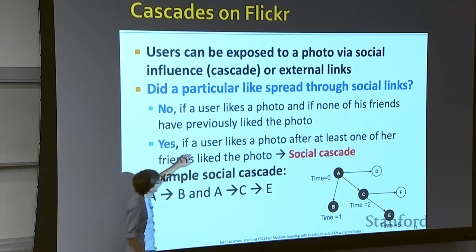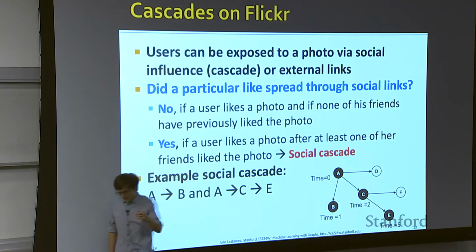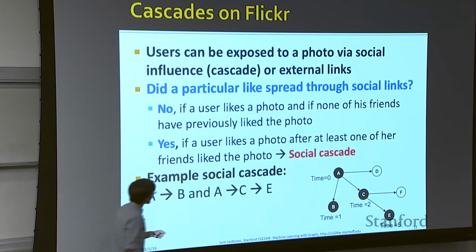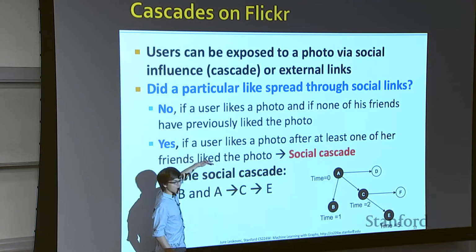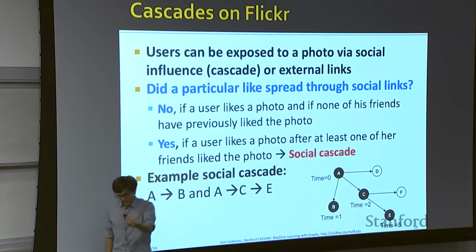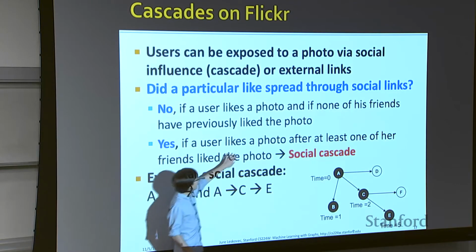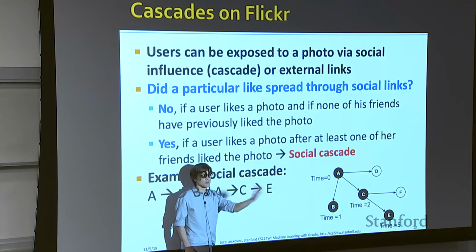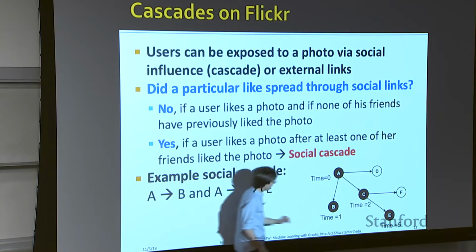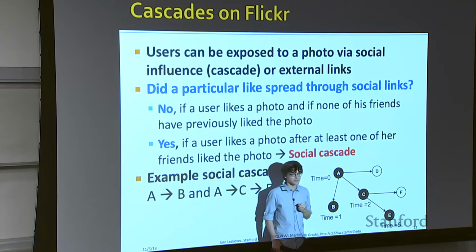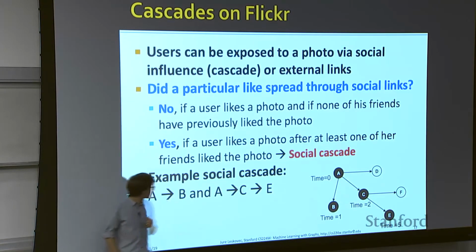But if I like a photo that one of my friends has already liked, then it's probably in my feed because my friend liked it, so you could say there was a social cascade. That's how they reverse engineer the social cascades: by asking whether you liked a photo that one of your friends had already liked before. You can work backwards and figure out the social cascade. Okay, that's the data.